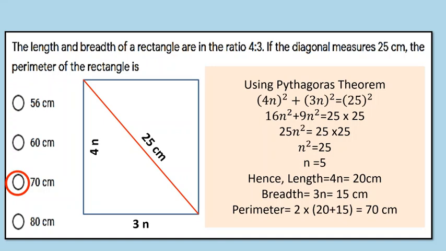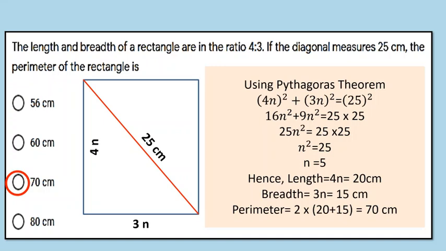So when you do this, you will get 16n square plus 9n square, and 25 into 25, that will be 625. You need not find it. Observe, 25n square is 25 into 25, which means n square is 25. So n is 5.